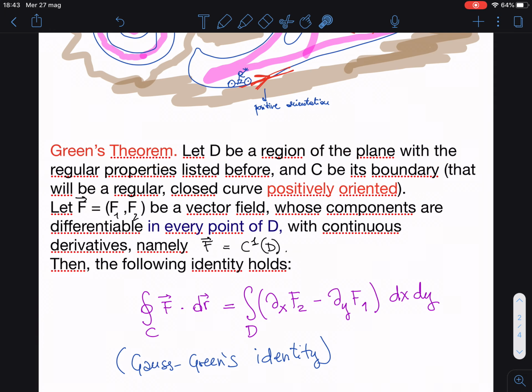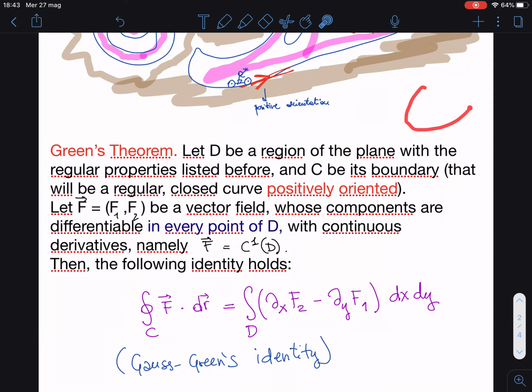The regular property is very simple. It is a planar region whose boundary, that can be made of several curves, has the tangent vector at every point. Okay, this is the regularity.